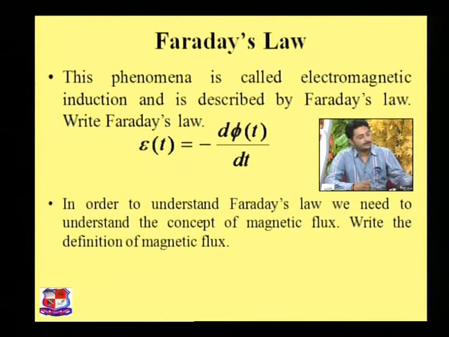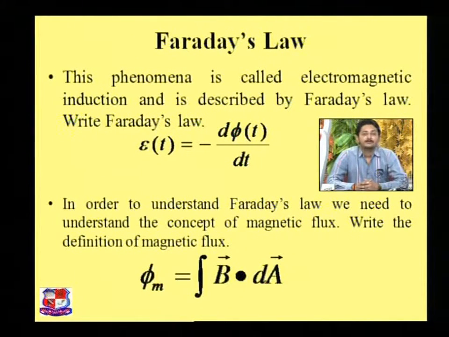Write the definition of magnetic flux, phi m, equals the integration of B dot dA, in vector form. That's why you can see the vector sign over B and dA. So phi m equals integration of B dot dA.